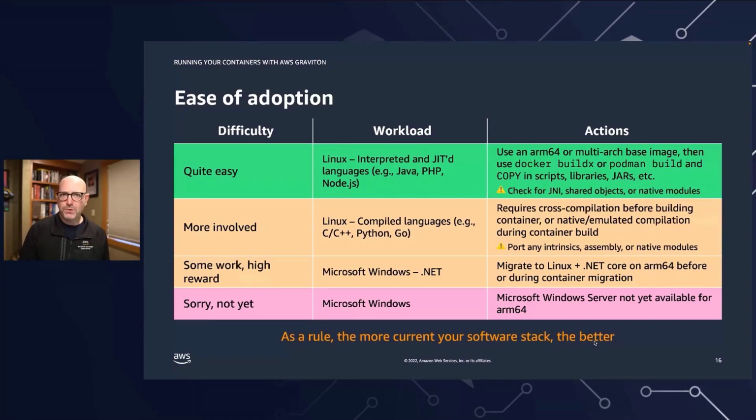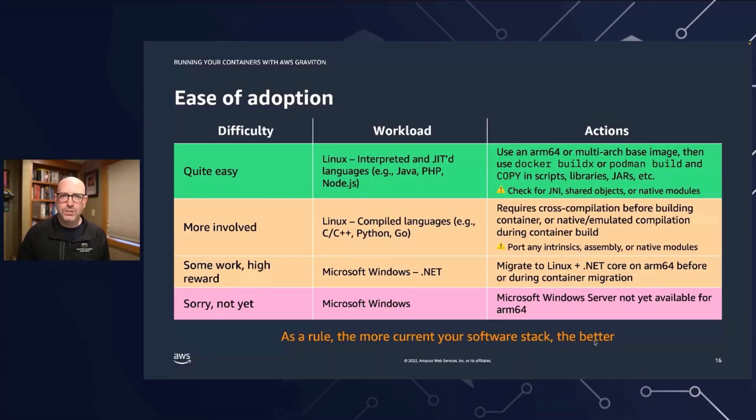For the most common open source projects that utilize native objects, those are often easily recompilable using Graviton and targeting the ARM64 architecture. A little bit more involved is for applications that are written in compiled languages, such as C or C++, Go, or Rust. In those cases, you'll need to either compile them natively or do cross-compilation.